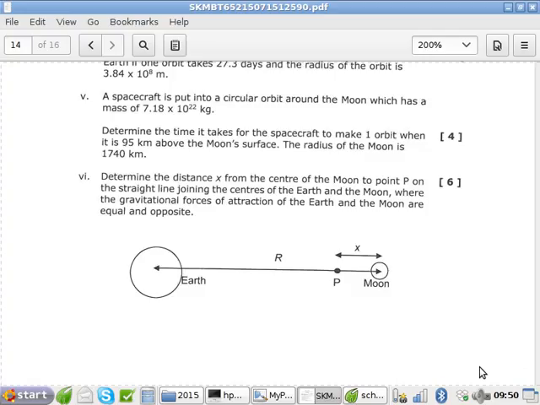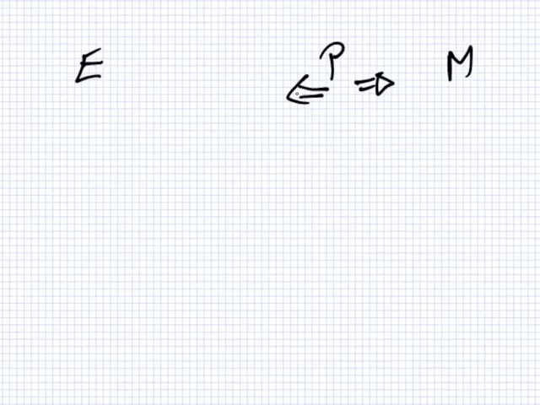If we look here, here is Earth, and here is Moon, and here is P. So there's a force to the left and a force to the right. So you want the force to the left, which I'll call Fe, equal the force to the right, which I'll call Fm for Moon. Does that make sense so far?